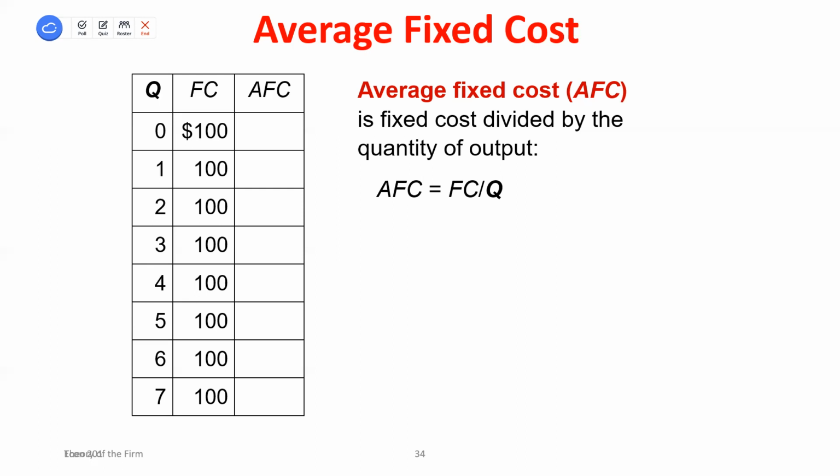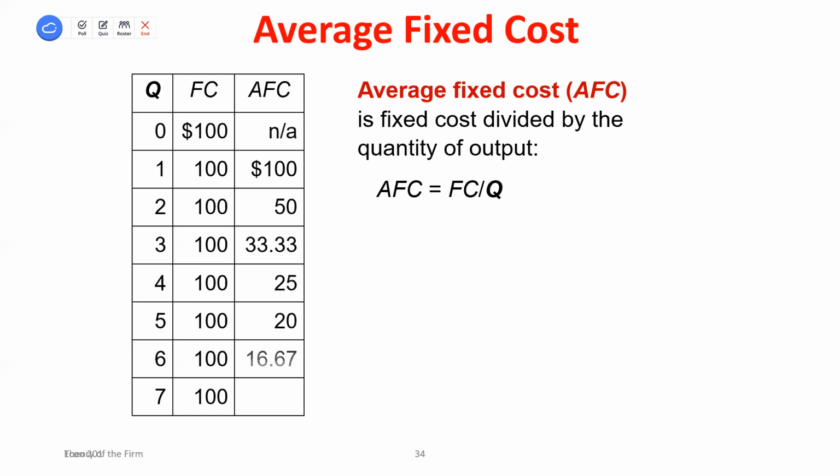So if I produce more and more, you can think about it as taking whatever the lease of the building is and spreading it across more units. If I'm only producing 1 unit, all my fixed costs are going to that 1 unit. But if I'm producing 100 units, I've taken that same lump sum amount, that same fixed cost, and spread it over 100 units.